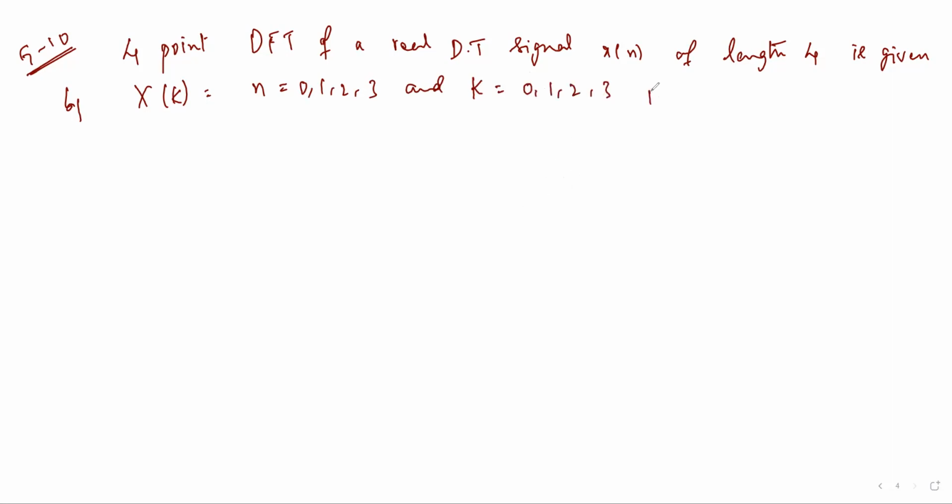It is given that X of 0 is equal to 5, X of 1 is equal to 1 plus j, X of 2 is equal to 0.5.